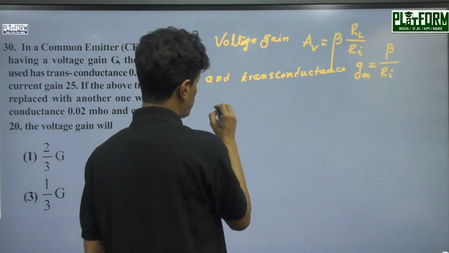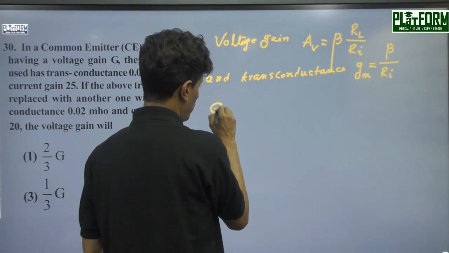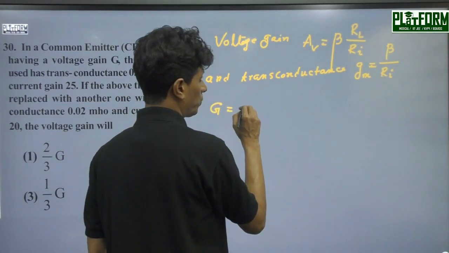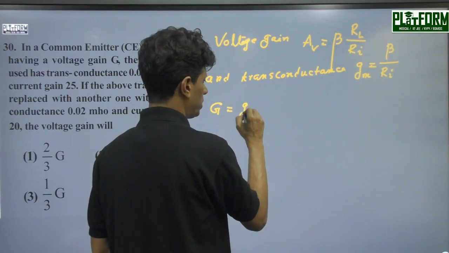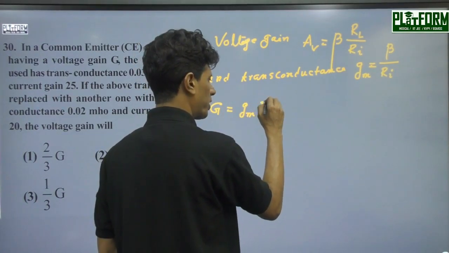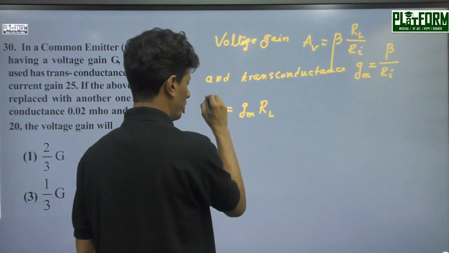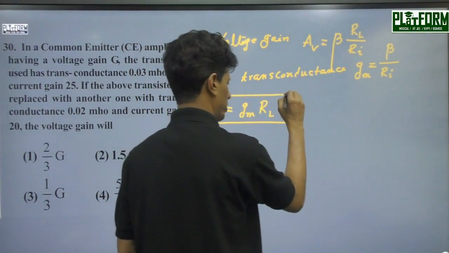So comparing these two, voltage gain G can be written as GM into load resistance. Important formula, where GM is the transconductance.